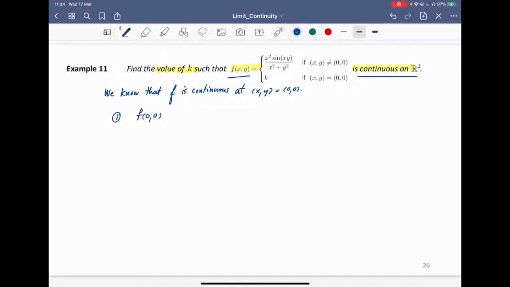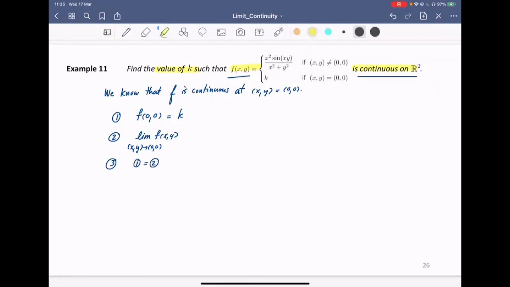And f(0, 0) is equal to k in this question. Good. And number 2, the limit of f(x, y) where (x, y) goes to (0, 0) must exist and also equal k as well, right? Because in order to hold the continuity property, you need 1 equal to 2.